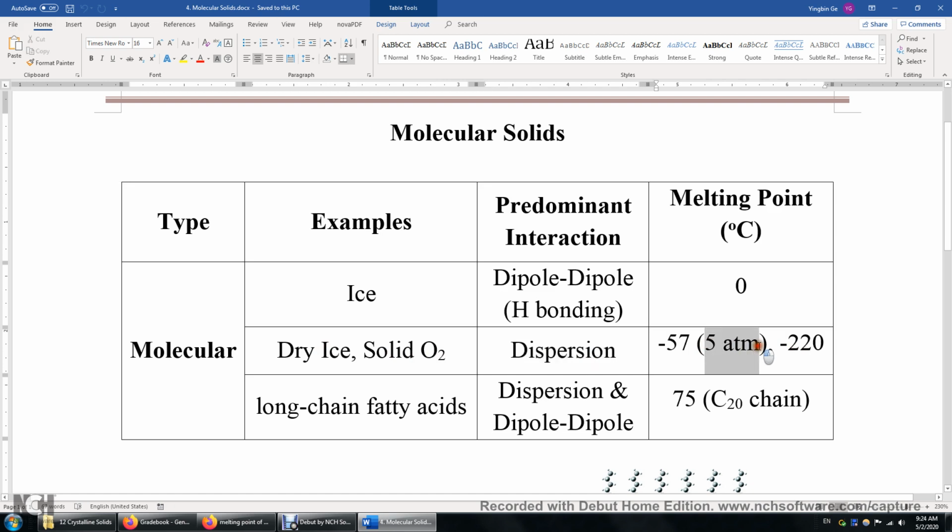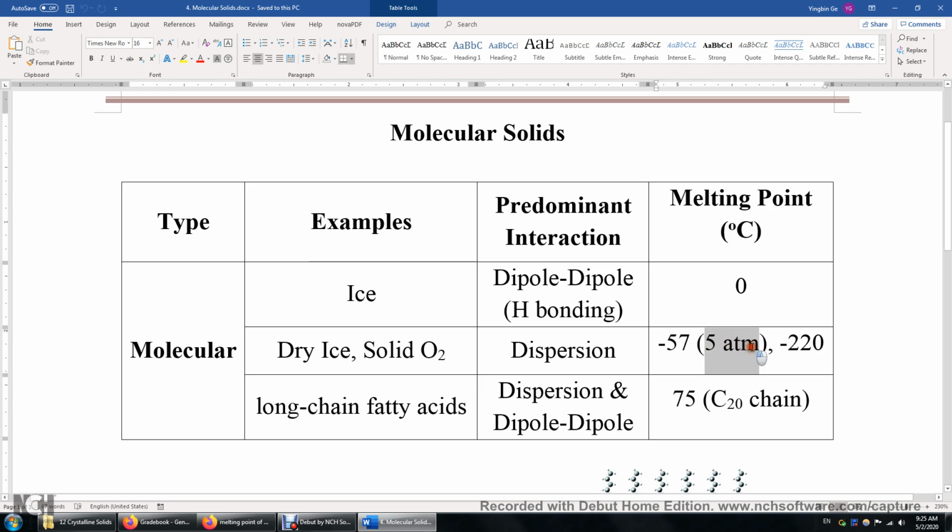Why did I specify the pressure here? This is because under 1 atm pressure, dry ice sublimes. It undergoes sublimation under 1 atm pressure when the temperature is high enough. The liquid phase of CO2 exists under 5 atm pressure or even higher.